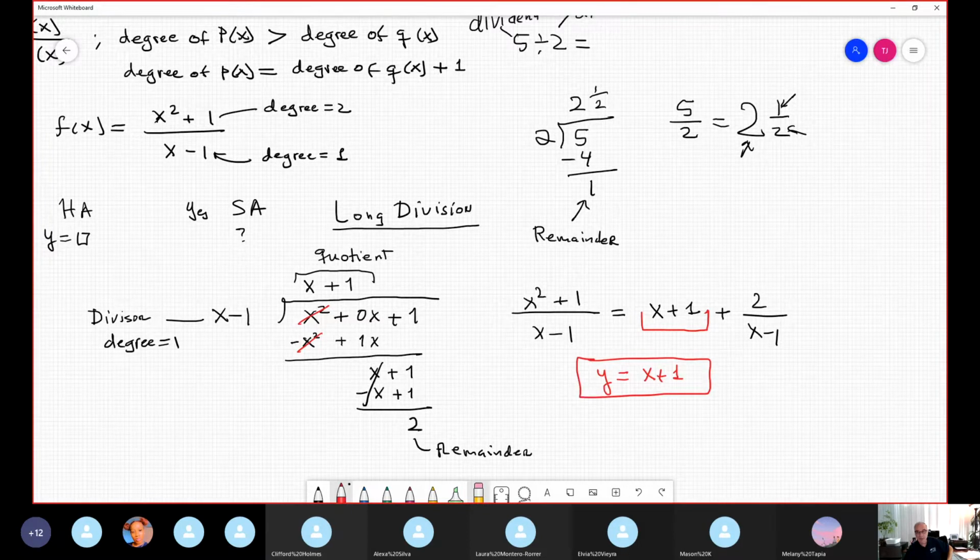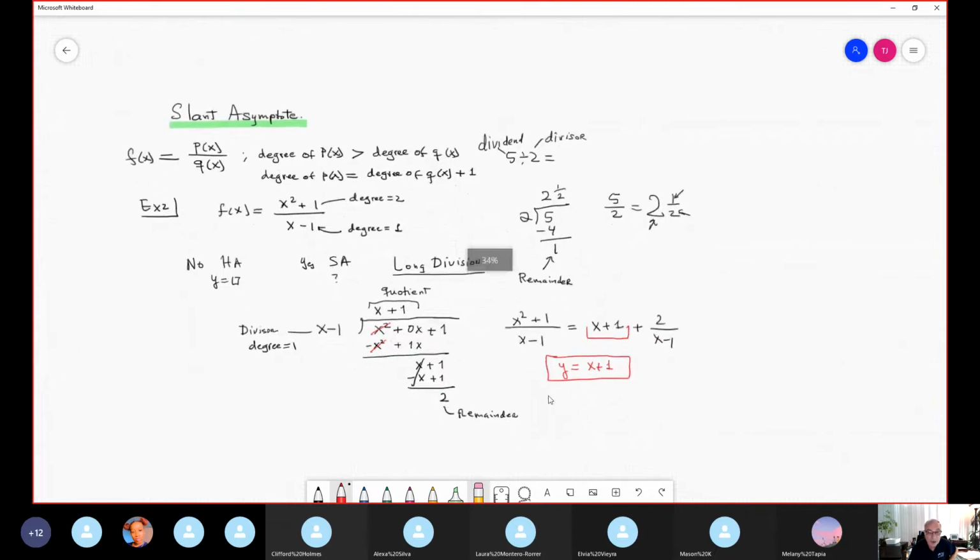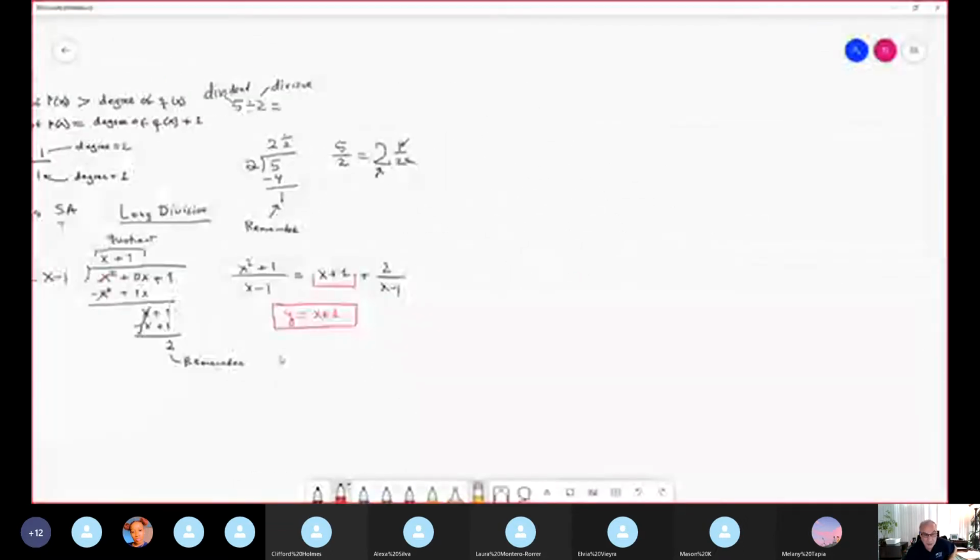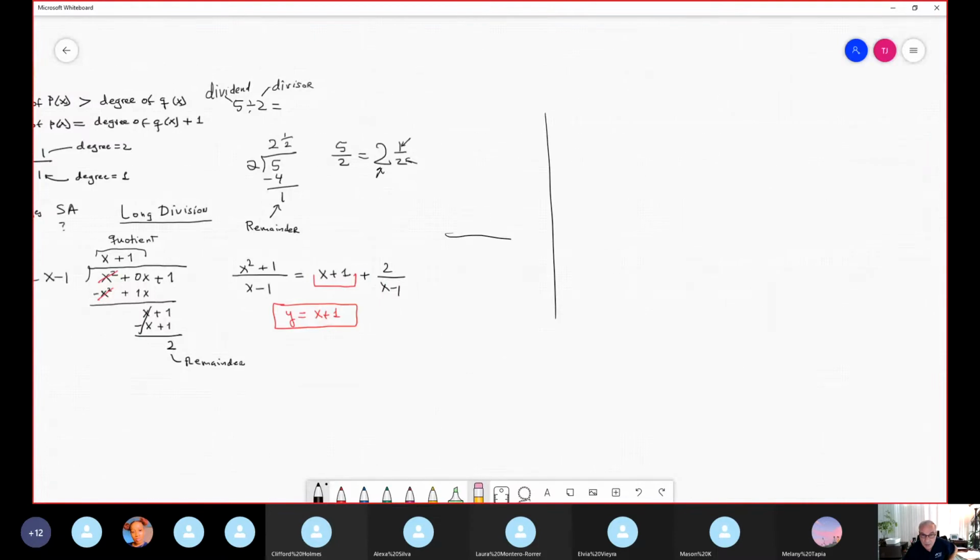And this is the way to find the slant asymptote. A slant asymptote is a line, but not a horizontal line. An oblique line. Suppose we are doing it like that, on XY axes.